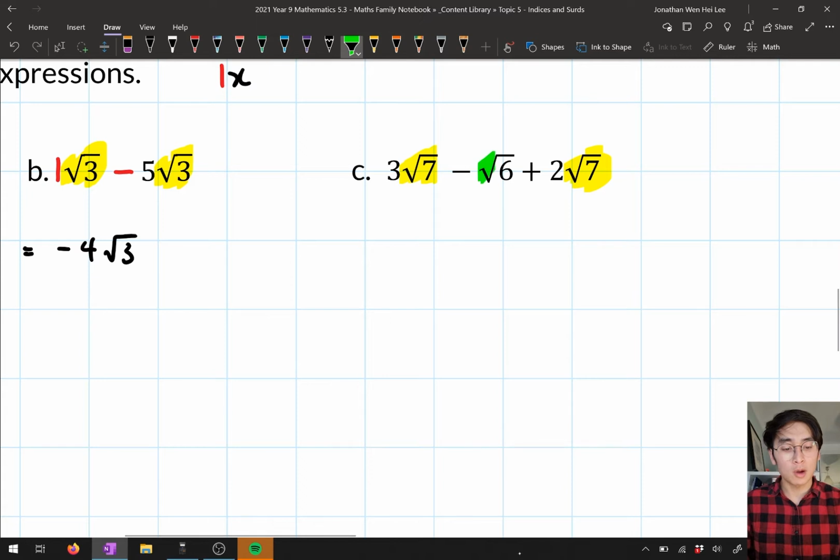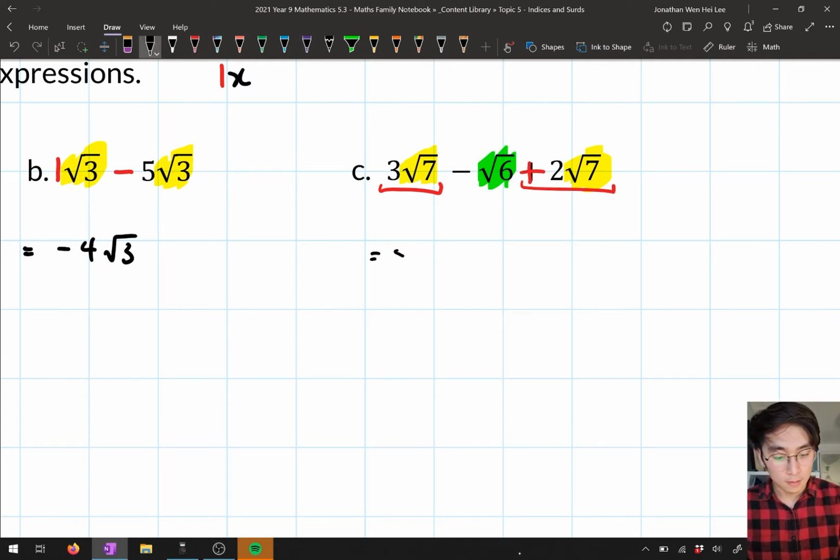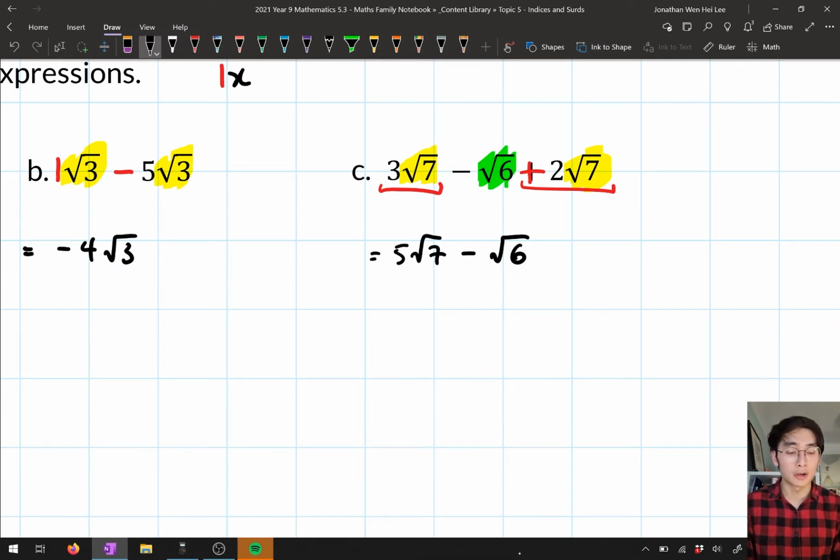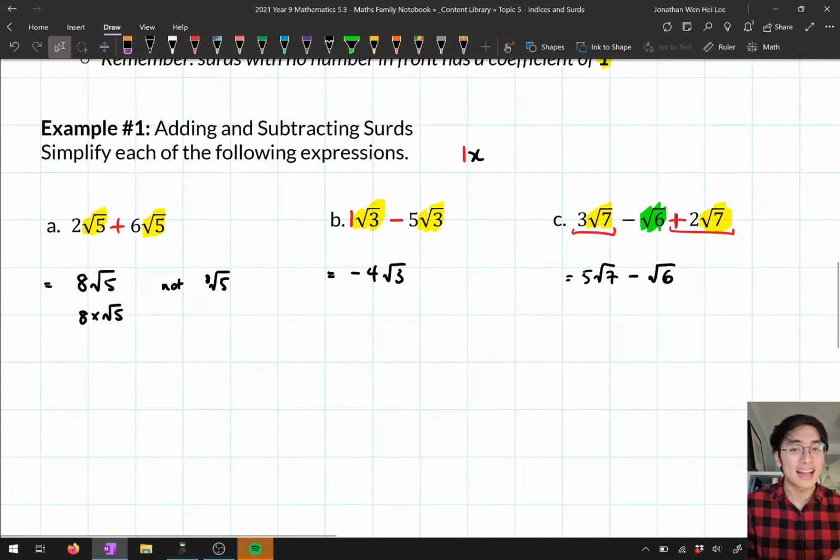But the other term, square root 6, doesn't have anything alike to it, so we can't touch that at all. So all I'm going to do is combine this 3 root 7 and this 2 root 7. They're plussing together, so 3 plus 2 gives me 5 square root 7, and because I don't have anything to combine square root 6 with, I'm just going to be minusing square root 6. And so there we go. That's how we can add and subtract our surds, by combining like surds.